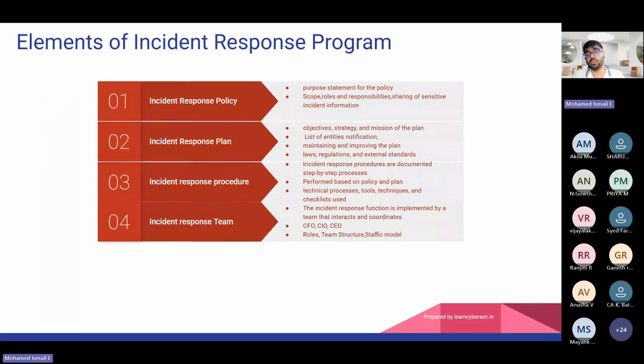Then the incident response team, which includes multiple roles and departments. While defining this policy or response program, we pick multiple people from different teams so that each and every one understands the scope and what they will do as part of the incident response program.